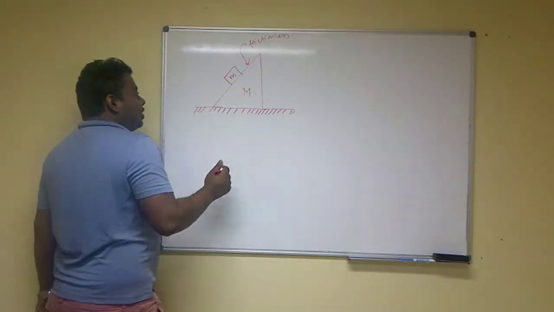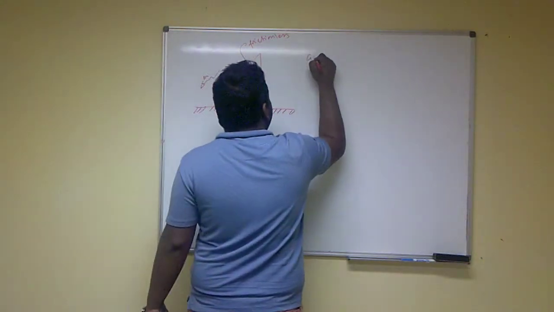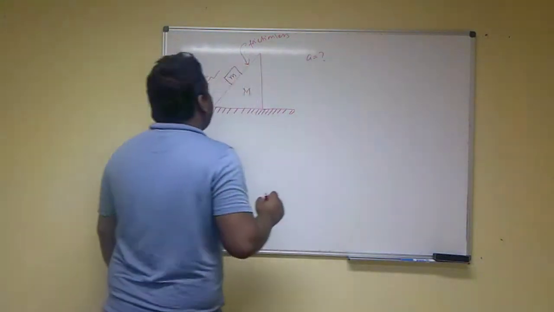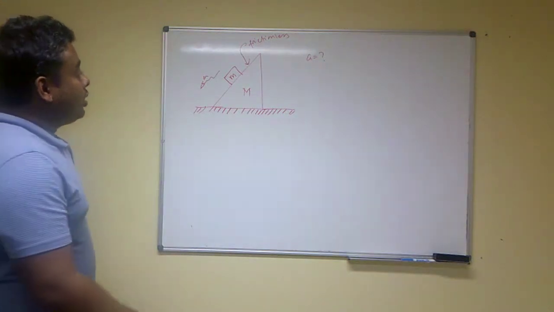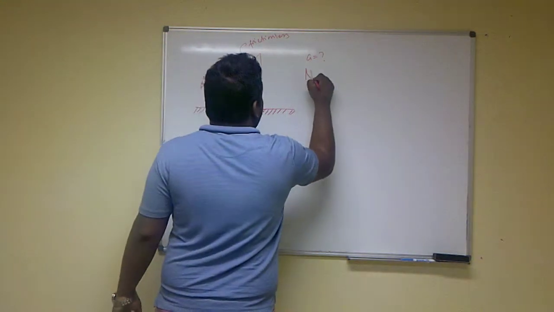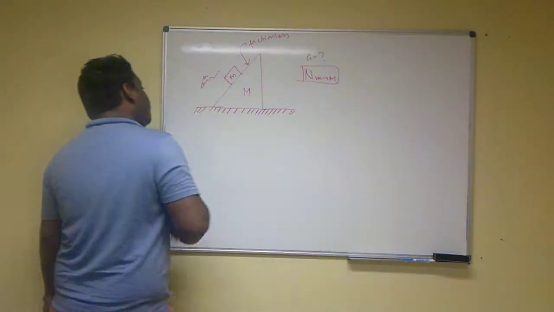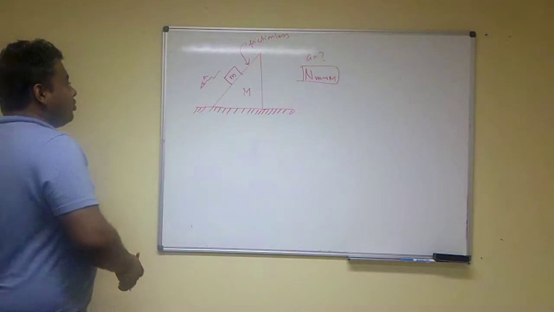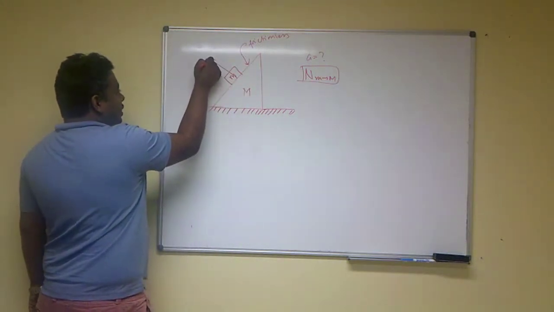Alright, so our intent is to figure out at what acceleration this block is coming down. We are also interested in figuring out the normal force of the small m on the M. As we talked about earlier, the normal force is going to be in the inward direction.